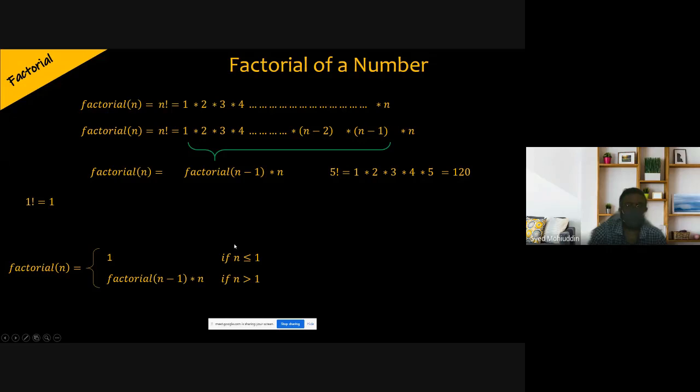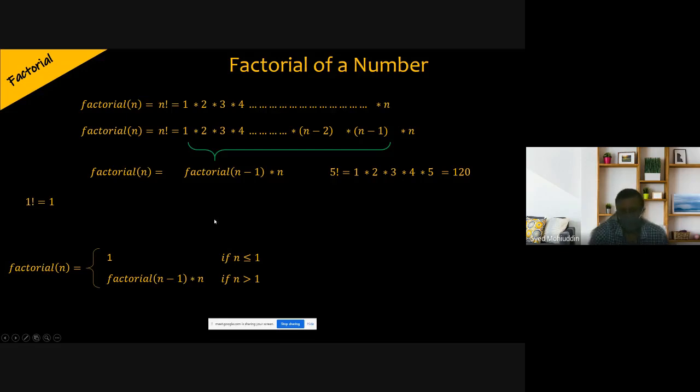We need to arrive at a condition where there is no recursive call. So if n is greater than 1, then it is factorial of n minus 1 multiplied by n. If n is 1, or let's say 0, so n less than or equal to 1, it is 1.